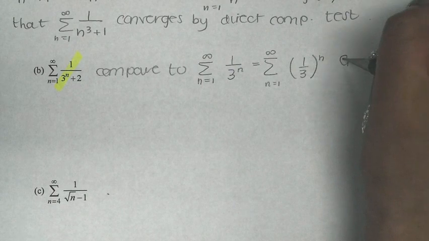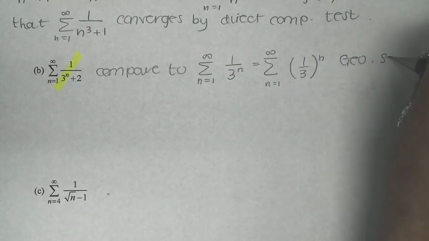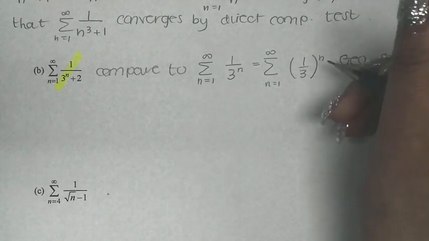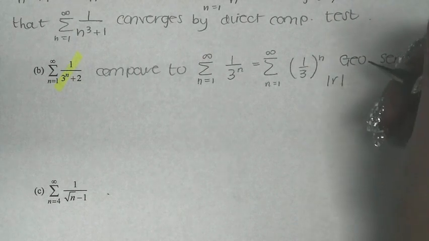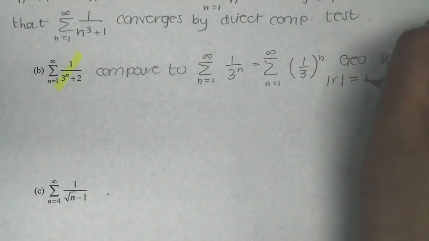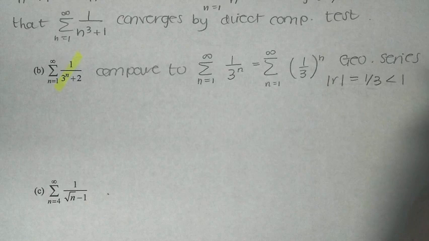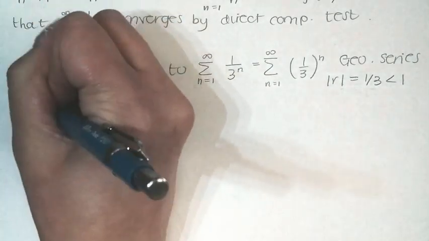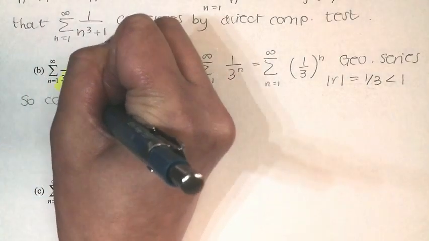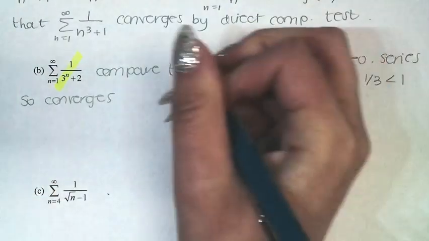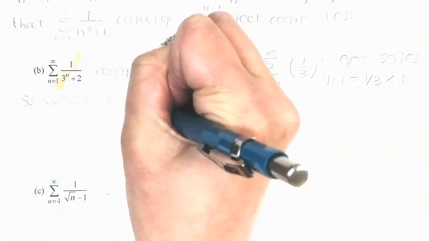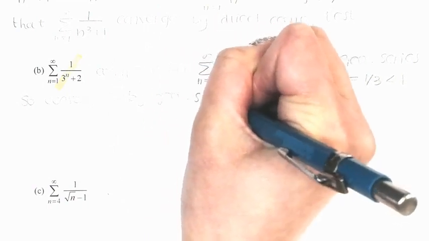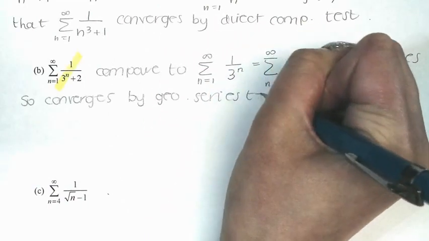Okay, so this is a geometric series. Okay, and you can see that the common ratio is 1/3, which is less than 1. Okay, so what's the business? This one converges by geometric series test.